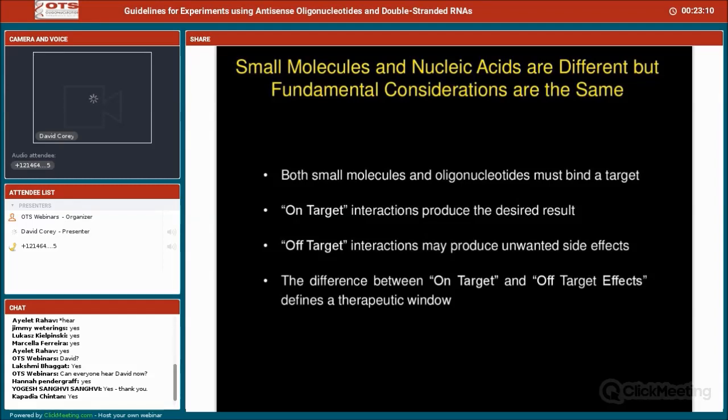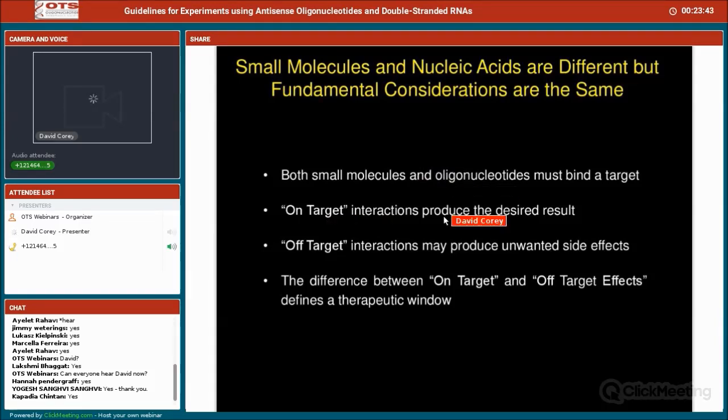So I've just finished explaining to you why small molecules and nucleic acids are different, but let's also not forget that a synthetic drug is a synthetic drug, and many of the considerations are also going to be the same. The oligonucleotide field has historically benefited from workers who were familiar with how small molecule drugs were developed. Both small molecules and oligonucleotides must bind to a target.